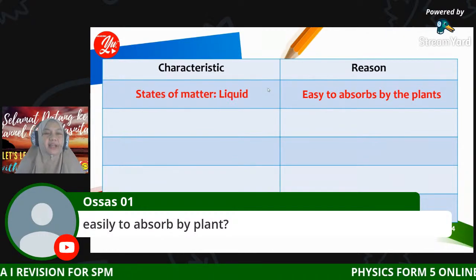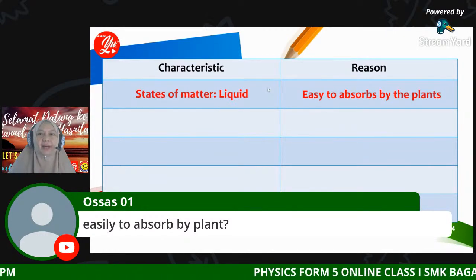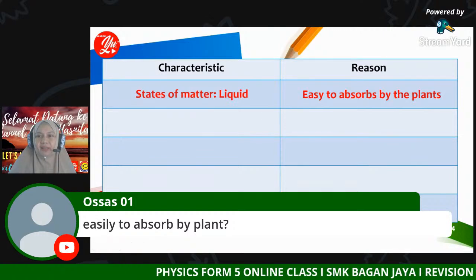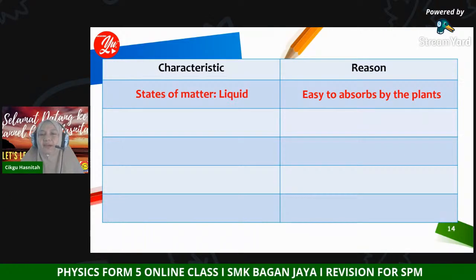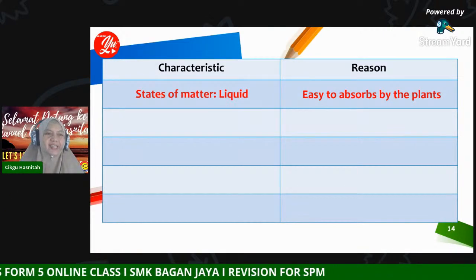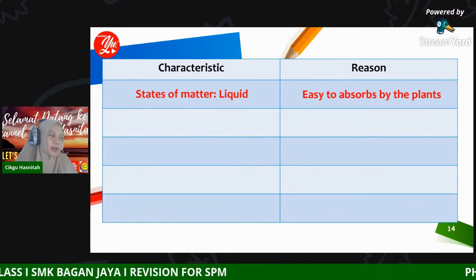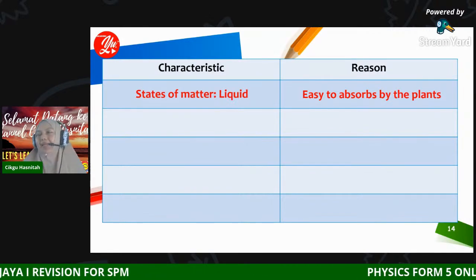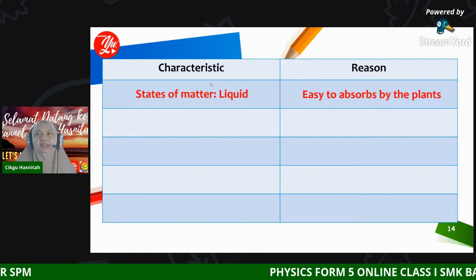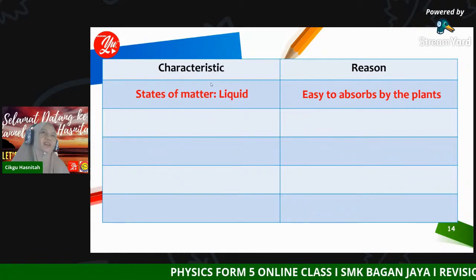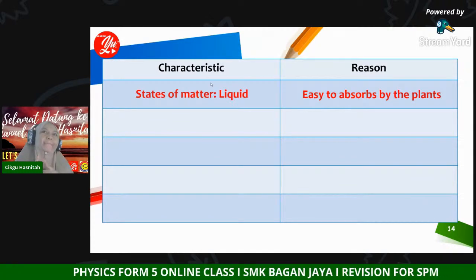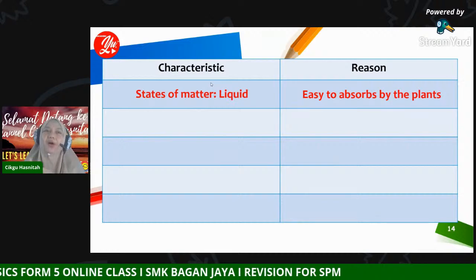Next, the second characteristic is talking about the half-life. Don't just say easier. Easier in what? Easy to absorb by plant. Second characteristic, the half-life. So which one? Short, medium, or long?